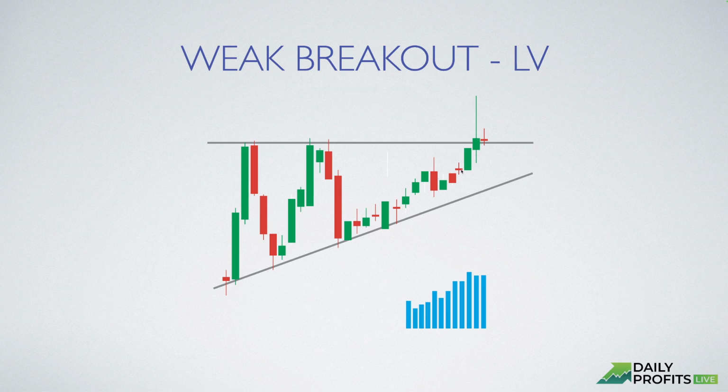And to entice those buyers into that breakout, and then realized that there were not buyers and then pushed it right back down, right? So if you see this kind of a breakout, okay, and a candle, this is a weak breakout on low volume, and I would expect that this is maybe going to start to come back into this pattern, if not reverse, right?